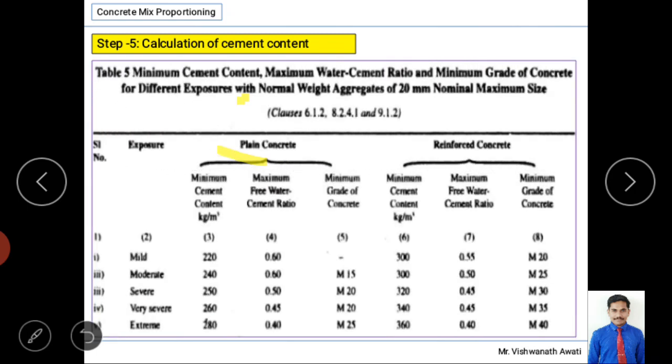If you see the code book, I told you many data are there, but we focus based on our requirement. Now, it is reinforced concrete, so first is the minimum cement content. We have to see it for severe condition. For severe condition, what is the minimum cement content? 320.